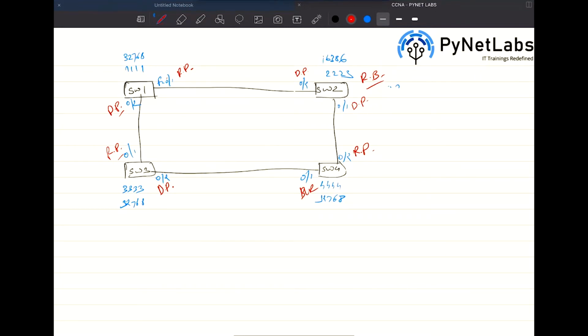Okay. So let's go ahead and see how this particular STP actually works in action in our switch, or in our Packet Tracer. So I will stop my screen sharing and share my other screen with you.